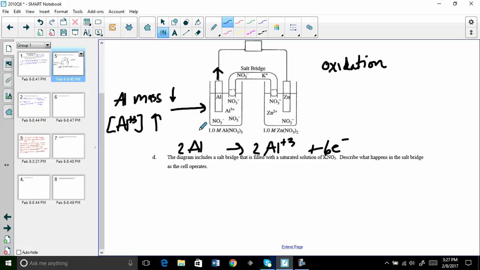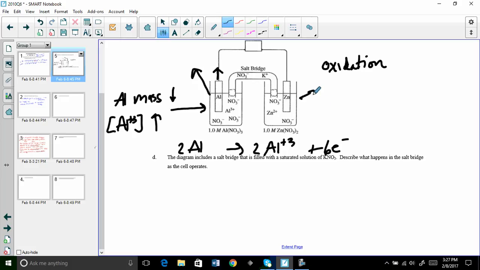Remember, by conservation, the aluminum metal turns into aluminum ion, so this gets smaller and this gets larger. By the way, this is the oxidation half cell.